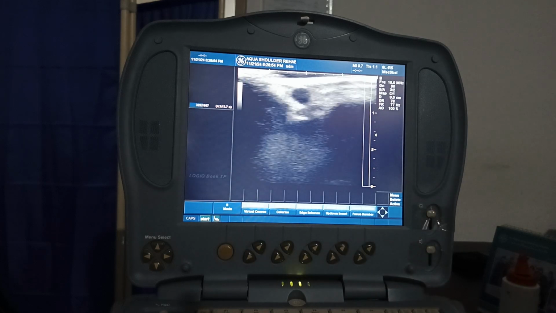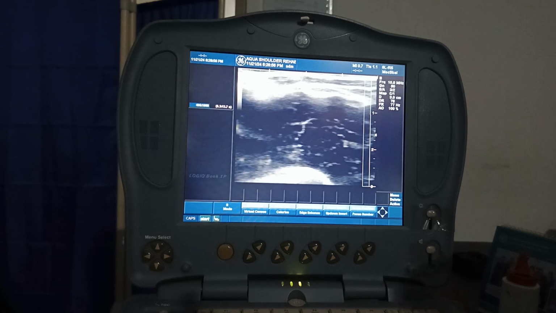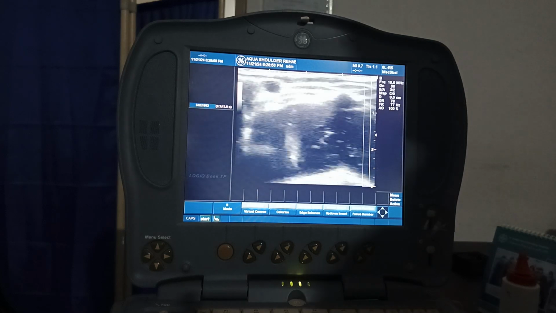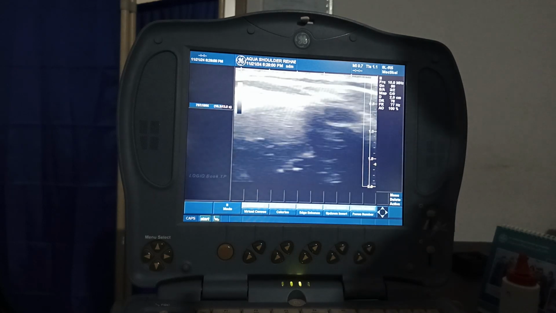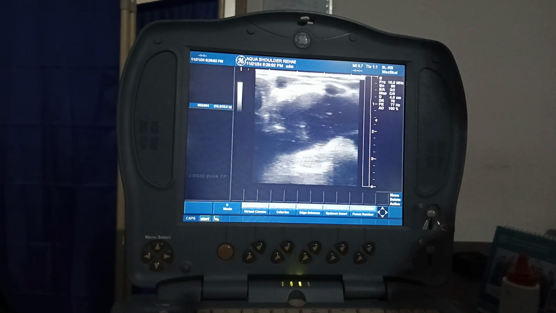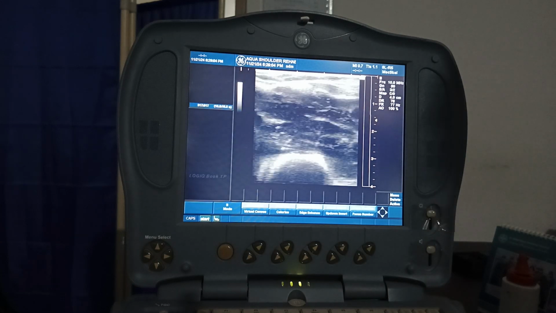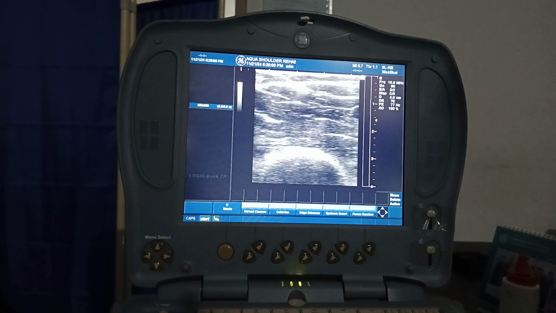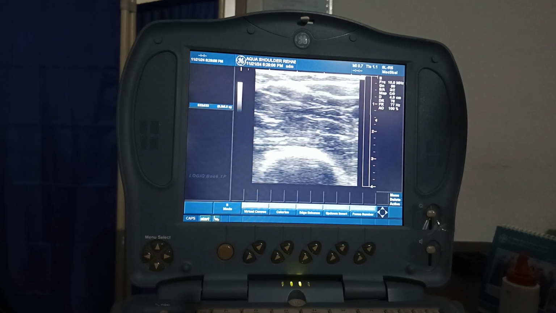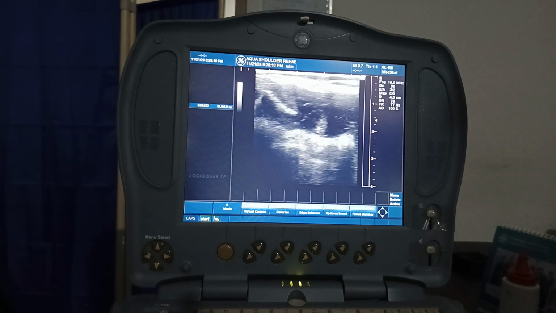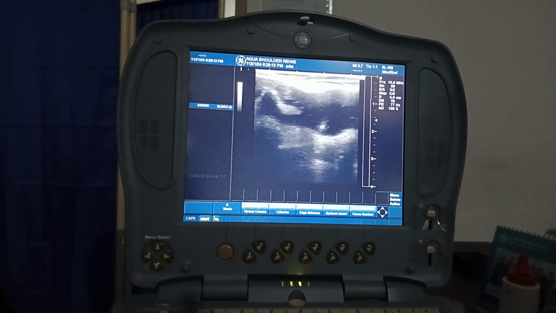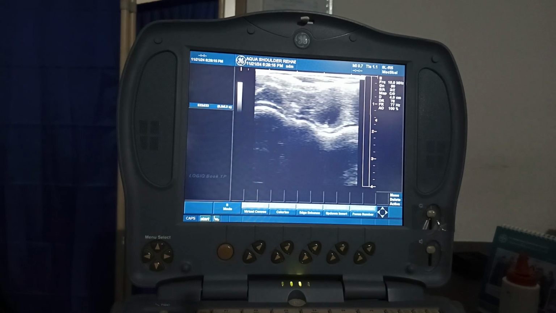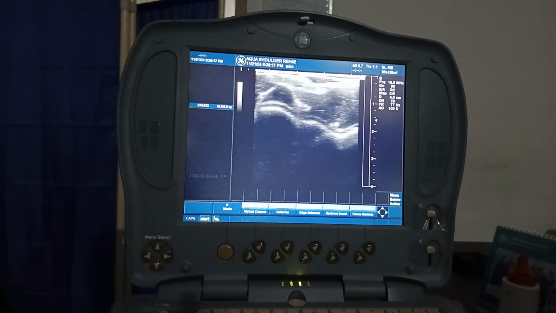First I will try to show you the muscle. Now this is all the muscle. Let's decrease the depth. Now see, this is all the muscle. As soon as I try to come down, you will see that the muscle is going to become a tendon, especially over here.